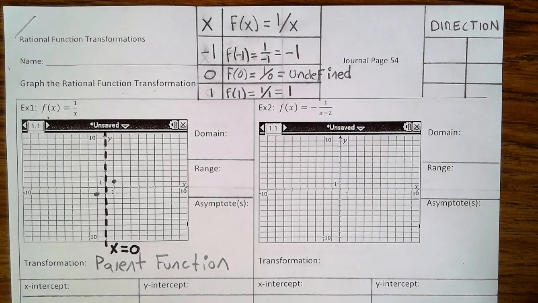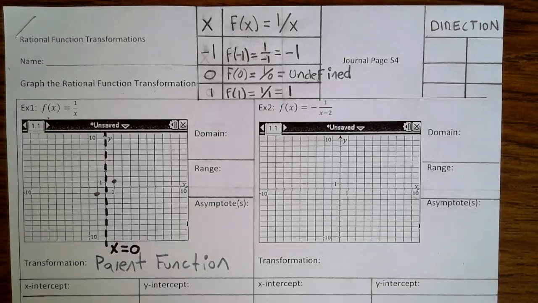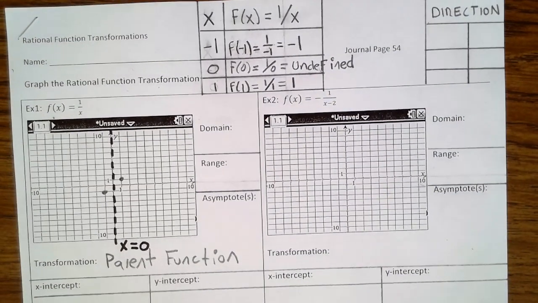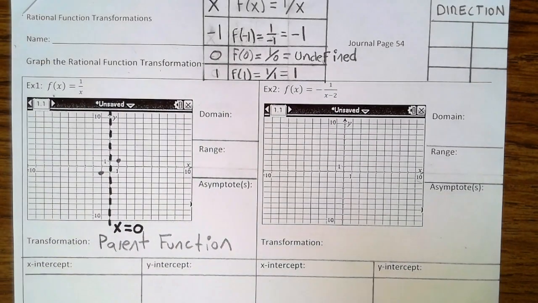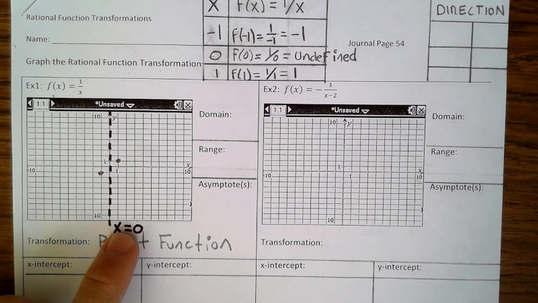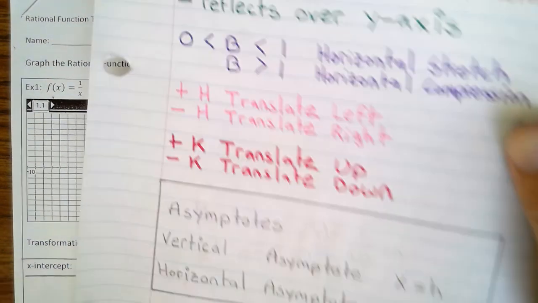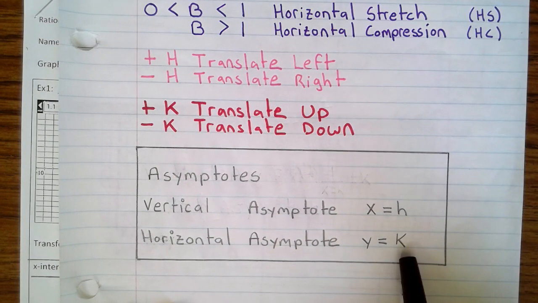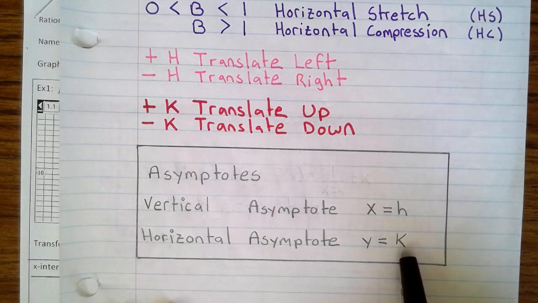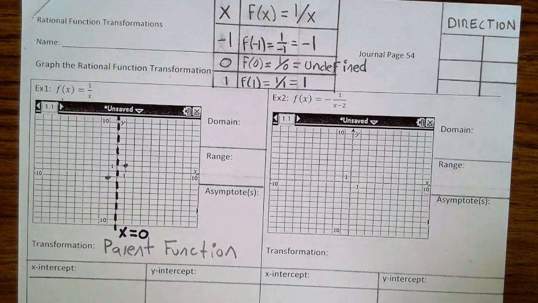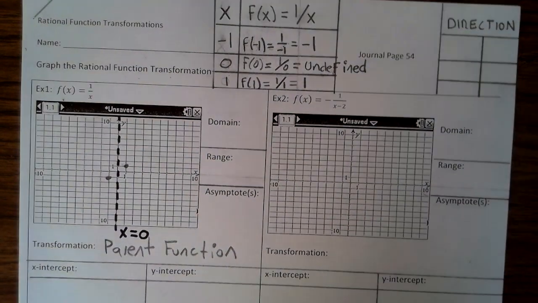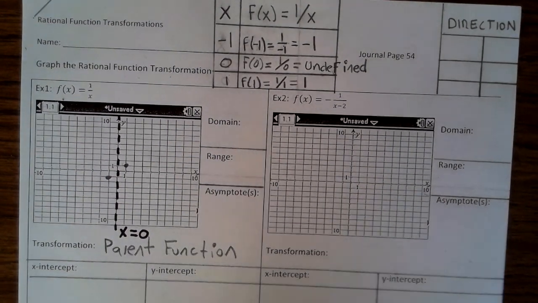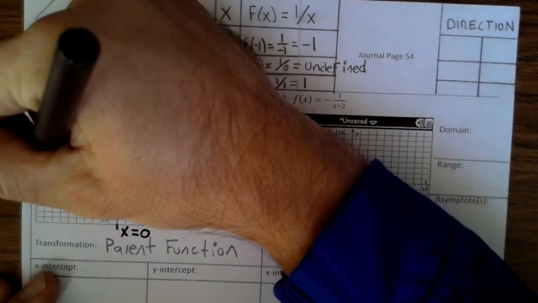Now, going back to our notes, we see that that's our h value of the vertex. And we know that our k value in this case is 0, so the vertex is 0, 0. So you have a horizontal asymptote at y equals 0.